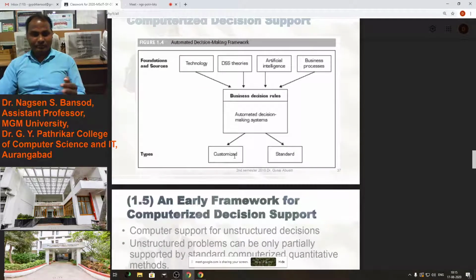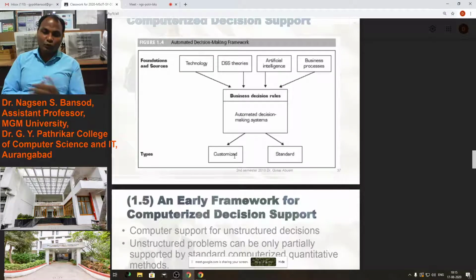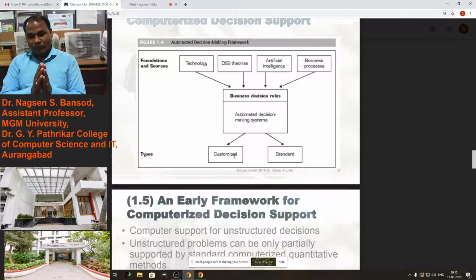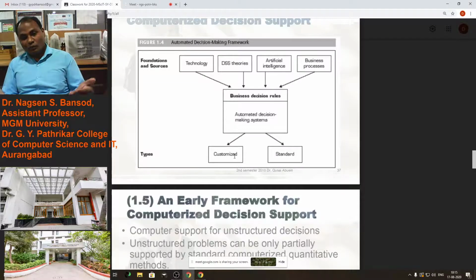Customize means according to the customer we have to provide the solution. Suppose we want to buy a laptop. A laptop we can buy from 10,000 to 1 lakh or 1 lakh 50,000.